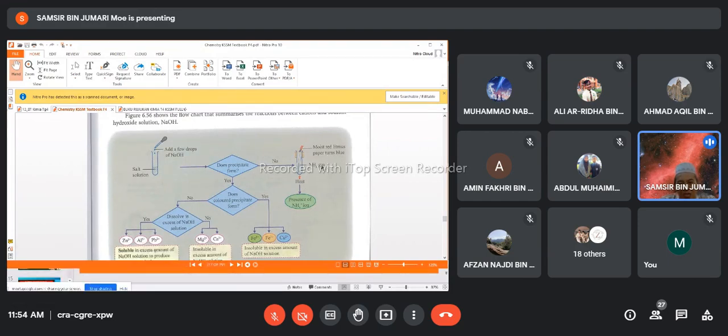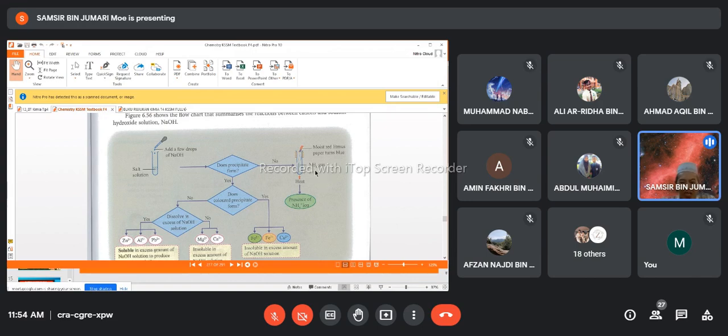So the moist litmus paper turns blue, meaning that the gas has alkali properties. So only the ammonia gas has these properties. Okay, alkali properties. Ini saja satu-satunya gas yang kita belajar bersifat alkali. Jadi kita tahulah tak ada lain, ni mestilah ammonia.